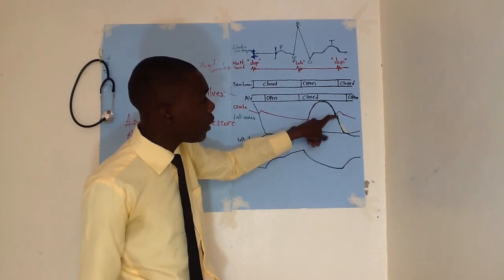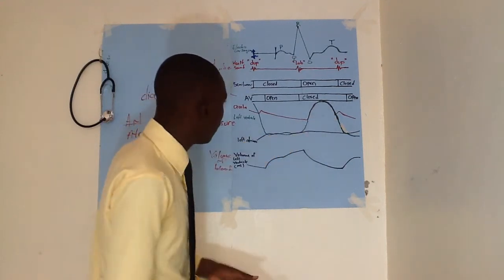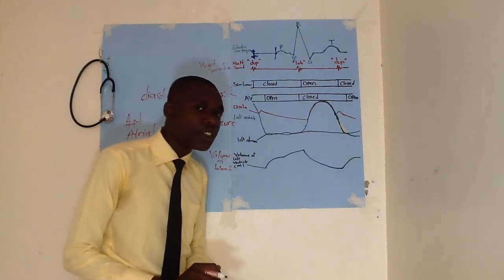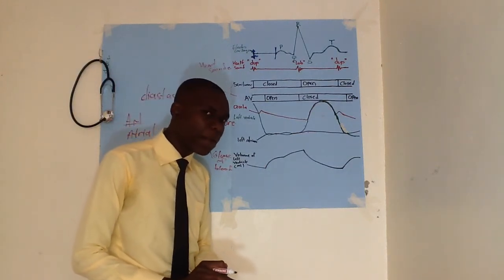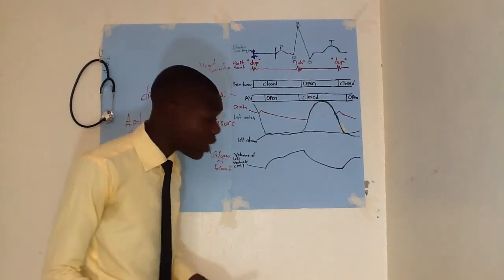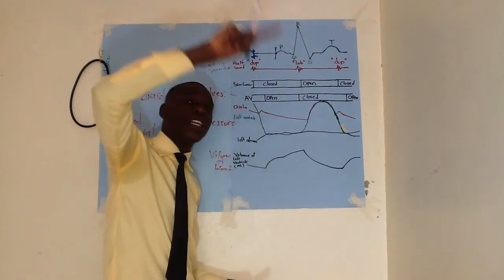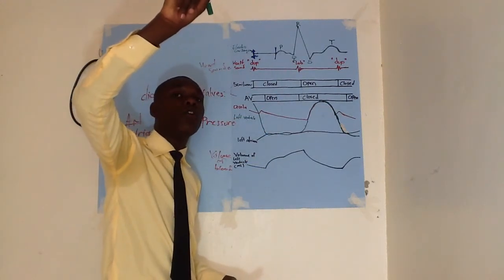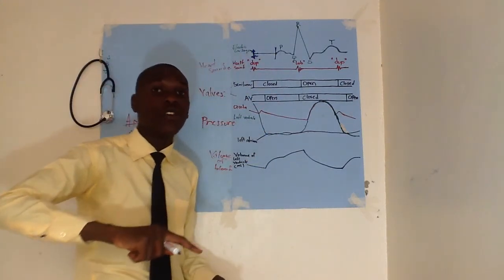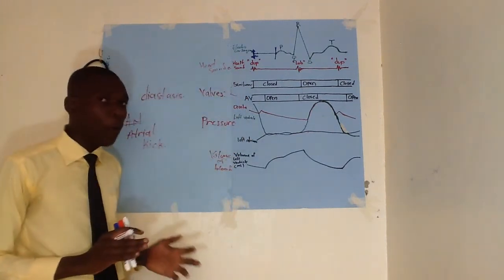And it will reach a point where the pressure in the ventricles is going to become lower than the pressure in the arteries, that is both the pulmonary artery and the aortic artery. When this happens, the blood which was moving through the arteries from the ventricles will try to move back. Blood is always going to move from regions of high pressure to regions of low pressure.